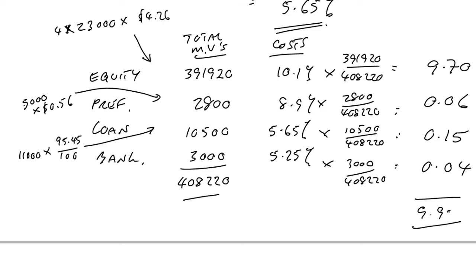I get a weighted average of 9.95. What did the examiner get out of interest? Oh, he got 9.9. I think mine's slightly more accurate than his. But there we are. That's part A, 8 marks out of 15. And so I'm just getting pass marks on that question. That's what you're aiming for, pass marks on every question.